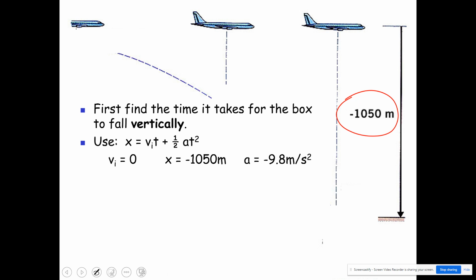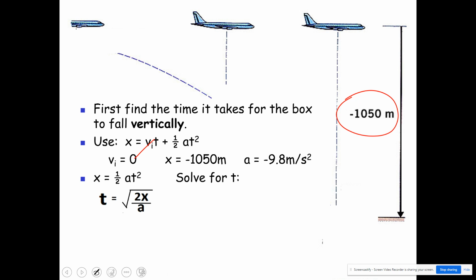I can eliminate the Vi t because this right here is 0, so that gets eliminated. And then I get the formula like that. So I solve for t. There it is. Or you could do that shortcut that I gave you where you have 4.9, x over 4.9 in there. You can use that if you want.